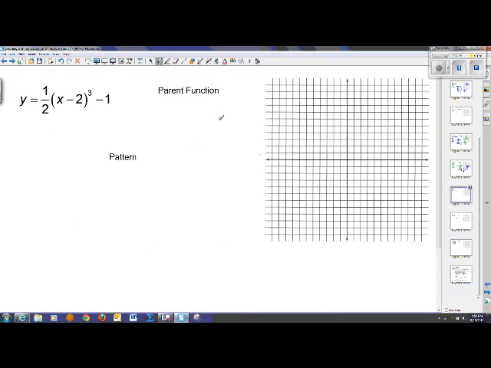Here we go again. X cubed is my parent. I have a pattern of an x cubed function, which goes to 2, 8, 1, 1, 0, 0, 1 of the negative type, -1, -2, -8.